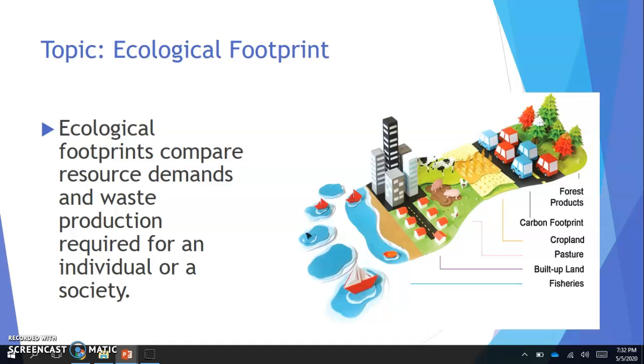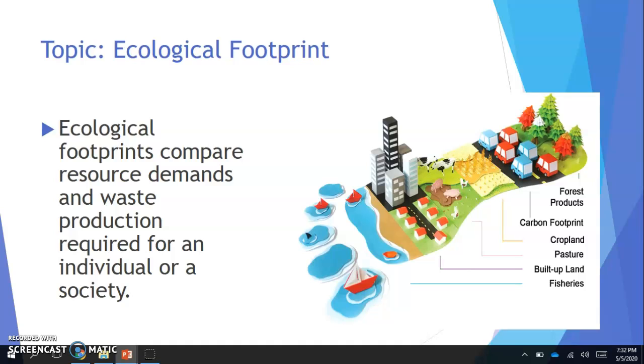Just a review of your ecological footprint. We calculated our ecological footprint during this unit too, but basically they just compare resource demands and waste production required for an individual or a society. And remember, your ecological footprint is measured basically in how much land it takes to sustain your lifestyle.